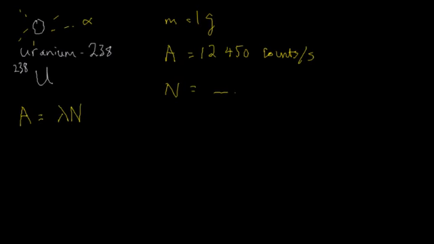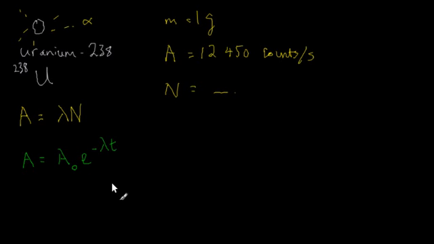Let's look at another equation that we got. We also have this equation: A is equal to A naught e to the minus lambda t. Now, if we know lambda, we can actually use this equation to find the half-life.